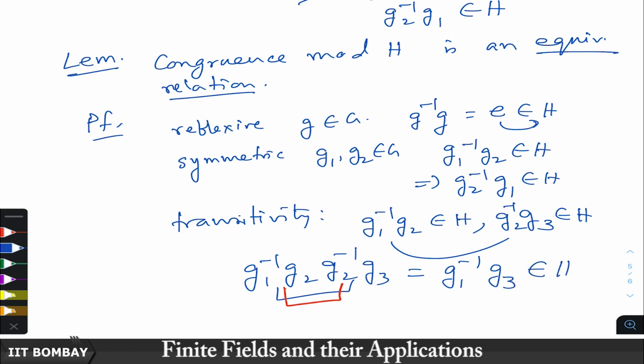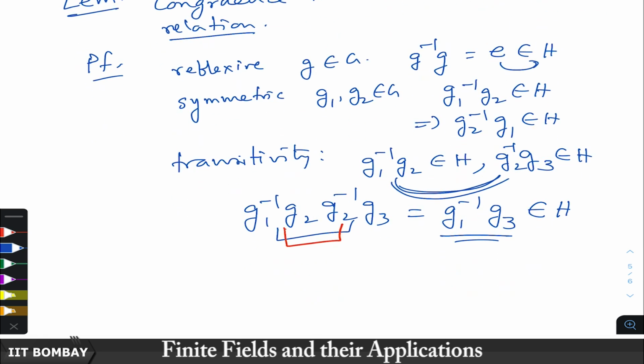So, it means g1 inverse g3 is in H. Their product should be in H. So, this should be in H, and g1 inverse g3 is in H. That means g1 is related to g3, it is congruent to g3 mod H.